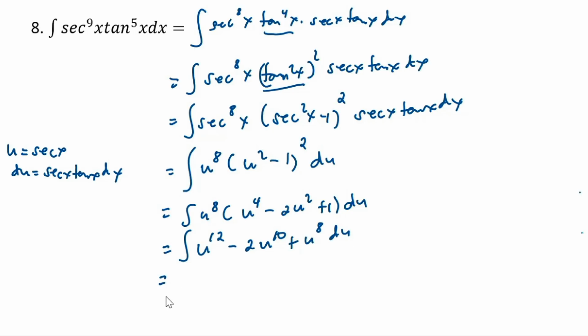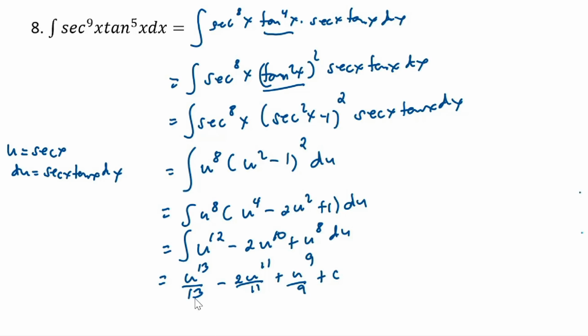Now, we can easily integrate that. So we can write u to the power of 13 over 13 minus 2u to the power of 11 over 11 plus u to the power of 9 over 9 plus a constant.